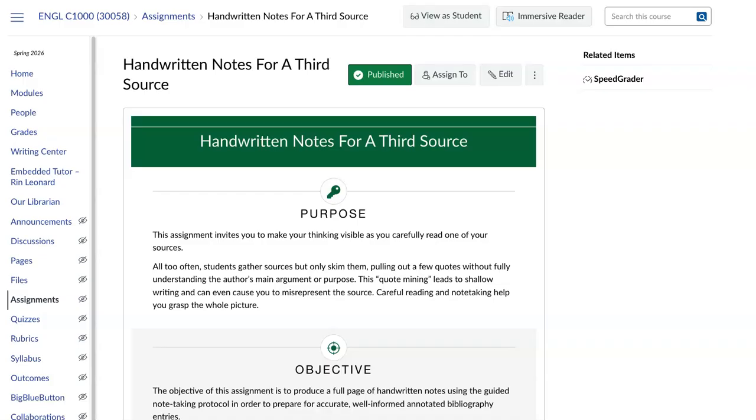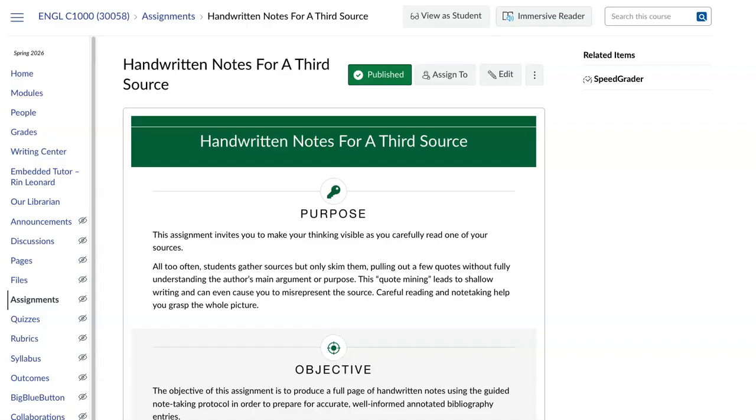I'm asking you to submit a series of handwritten notes because that's the way I can make sure that you understand your sources and that you can use them ethically and logically to substantiate your argument.